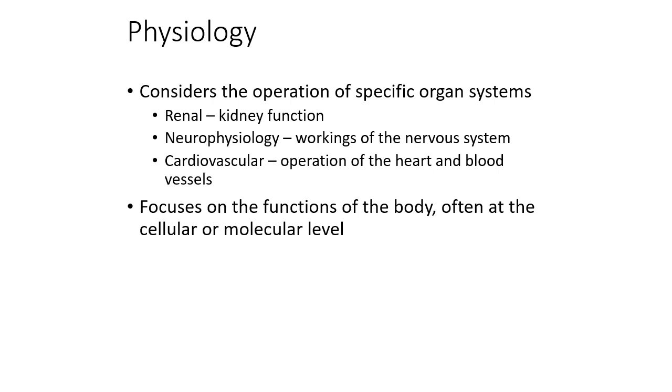And so we have renal physiology, neurophysiology, gastroenterology in terms of the digestive system, cardiovascular physiology, essentially each of the 11 systems that we have has a physiology for it. And so what's going on at the level of the cell to allow for that particular organ and that organ system to function?